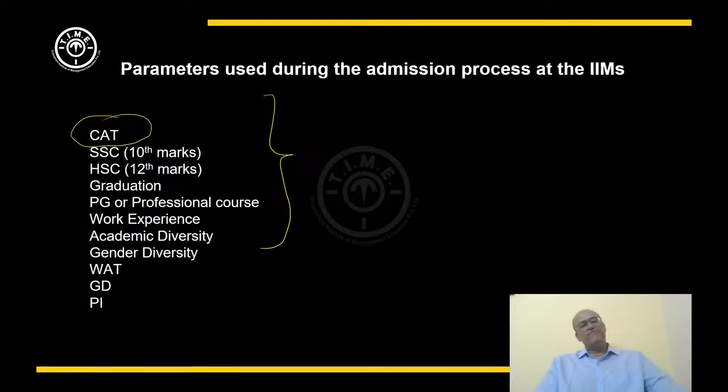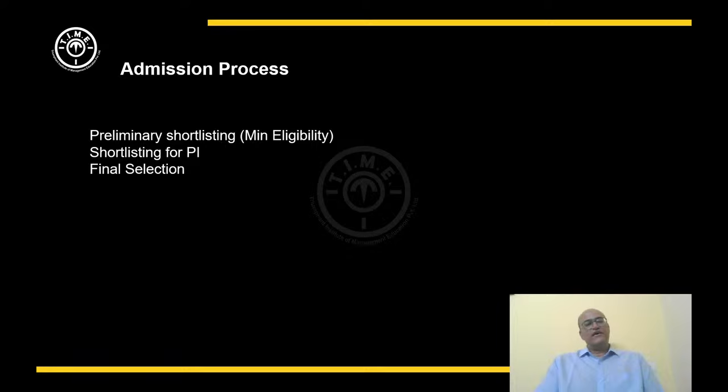Now, let's begin with the very first IIM that we have in this list. But before I do that, remember the admission process in these IIMs will broadly happen in three stages, right? The three stages that they generally keep in place. Number one would be the preliminary shortlisting stage, where there will be a minimum eligibility. In most of the IIMs, the minimum eligibility will be in terms of CAT performance.